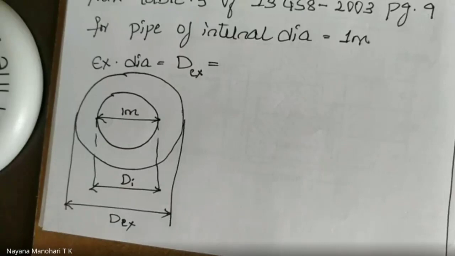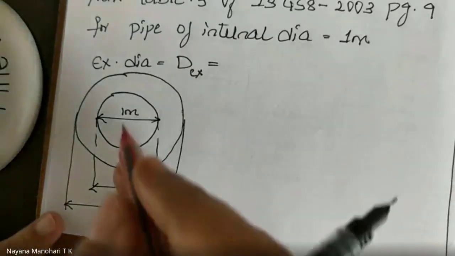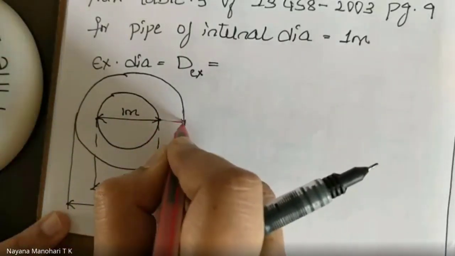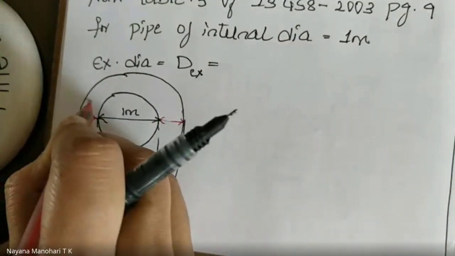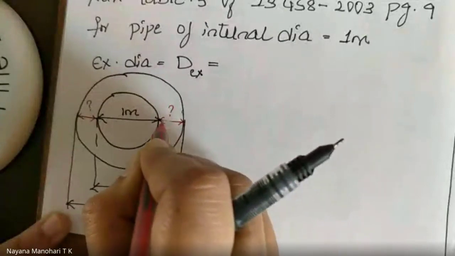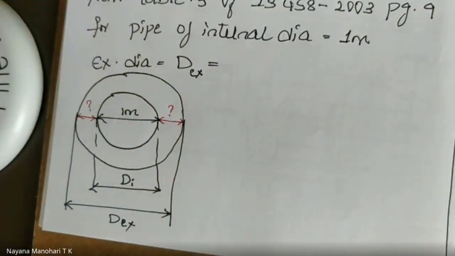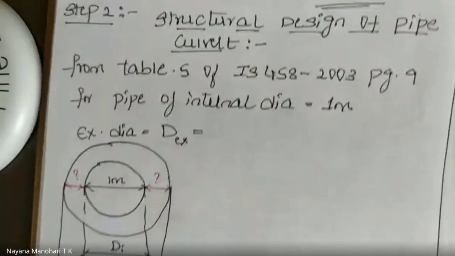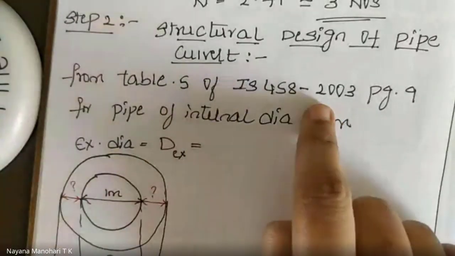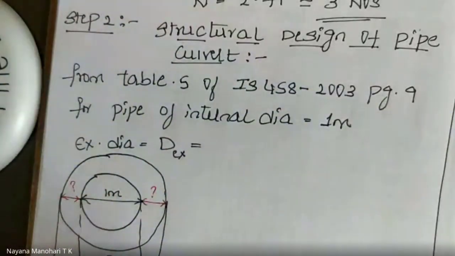In order to calculate that, you want this distance, the thickness. How to get this value: from Table 5 of IS 458:2003, page number 9.